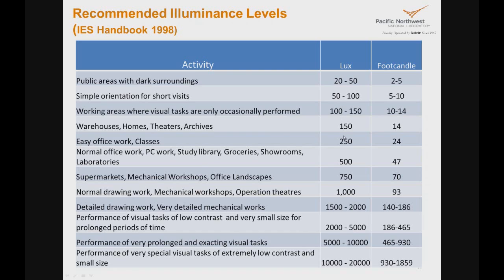And as you decrease the size of the task, for example, if you are working on jewelry or trying to read fine print, you probably need more light. If the contrast level is low, you need more light. And of course, at the bottom here, you have an activity which is performing very special visual tasks of extremely low contrast and small size. So that has a very high recommendation for the illuminance level.